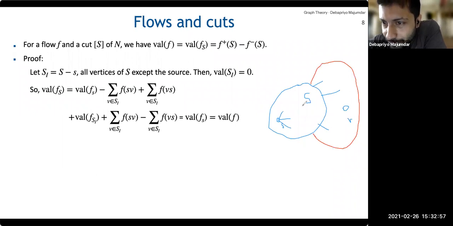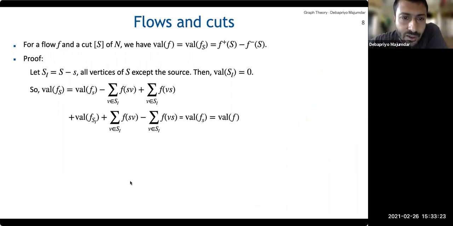And essentially, from this portion to the other portion, that much has to go, and they finally all have to sink into R. Right? So outgoing of capital S has to be the incoming of R, or essentially incoming of S bar. So that's what this result means intuitively.